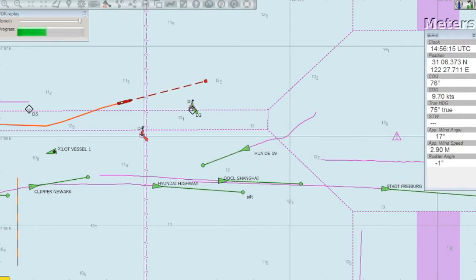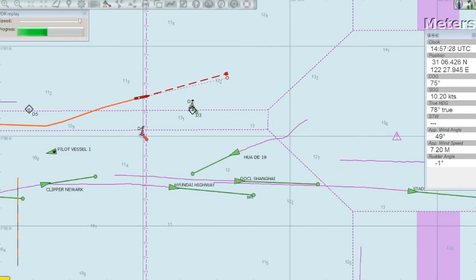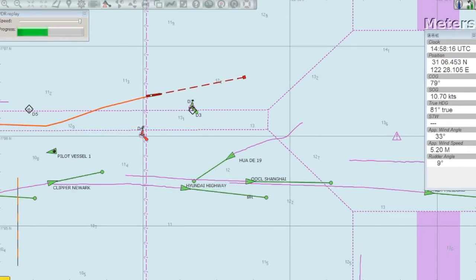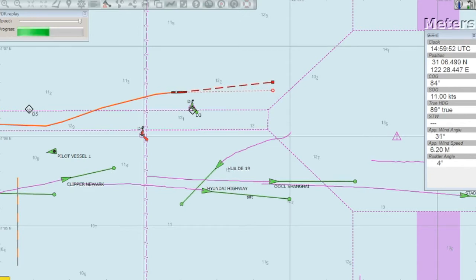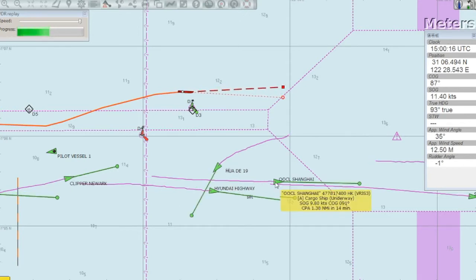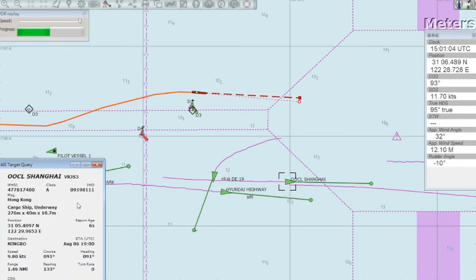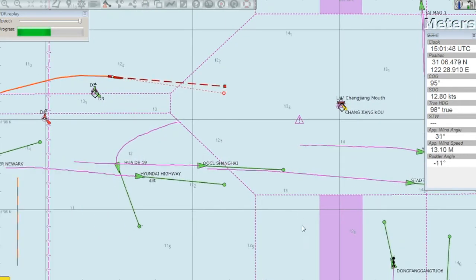So this vessel, the red one, going to the north side of the traffic lane, is putting himself in a more dangerous situation than others. After he goes to the north side of the fairway, he has to re-enter his own traffic lane. Otherwise, he will have endless collision risk with other vessels.